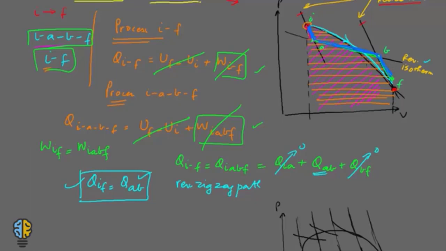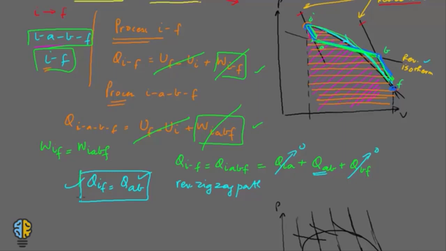This zigzag path is also between the same end states I and F. It consists of a reversible adiabatic process, followed by a reversible isothermal process, and then a reversible adiabatic process, such that the heat transferred in the isothermal process is the same as the heat transferred during the original process.